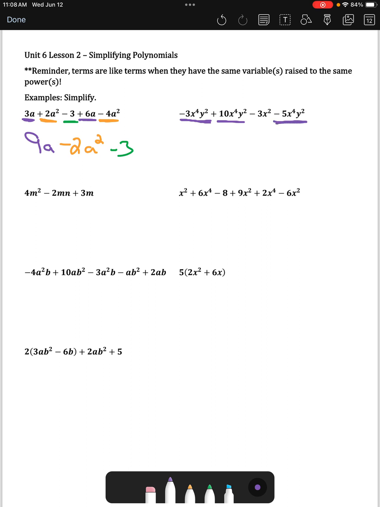So there are 3 parts here that contain this x to the fourth y to the second. So put them all together. Negative 3 plus 10 is 7. 7 minus 5 is 2. 2x to the fourth y to the second.